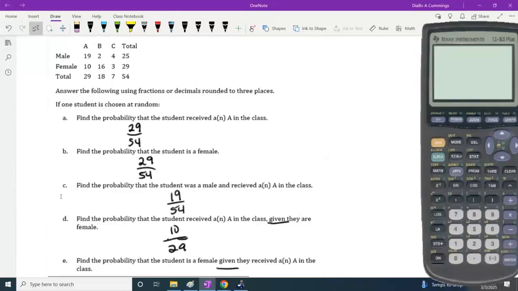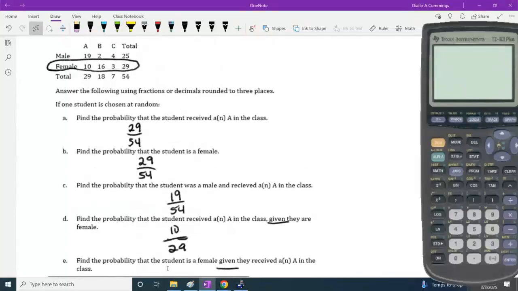Any questions about D? Notice we did not use 54 as a denominator because of the word given. Once we restrict our contingency table to only this female row, out of those 29 females, there are only 10 that made A's. So that's where the 10 comes in.